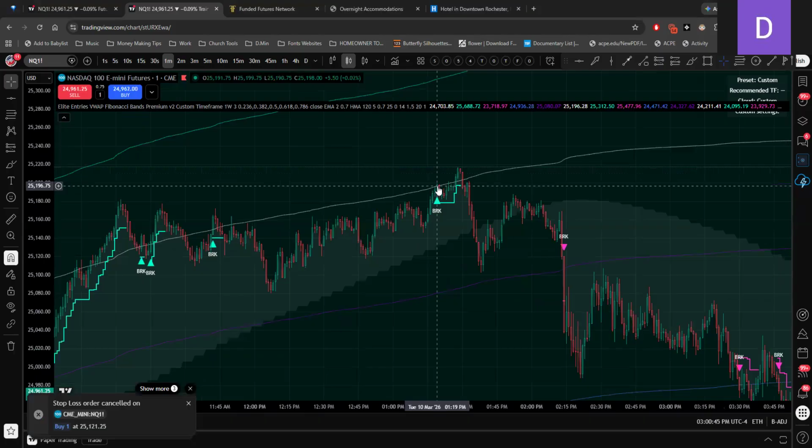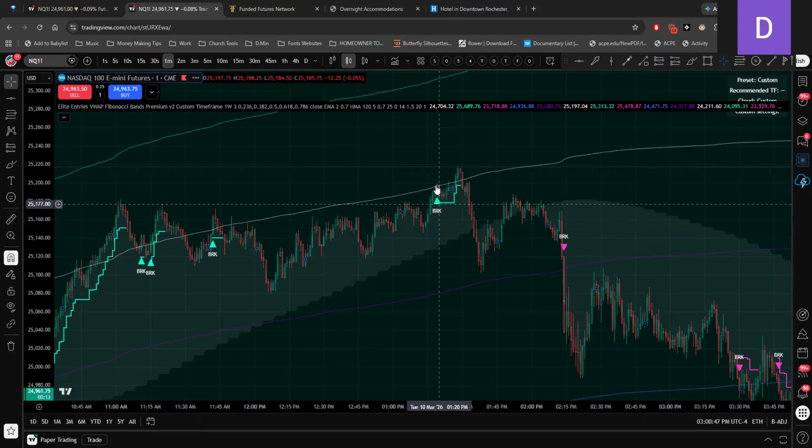Fix right here. Stop loss right here. Nice little push up for a quick payday. If you would have held and pulled your stop loss up, you would have closed this position at break even. Break even, loss, entry, banger.